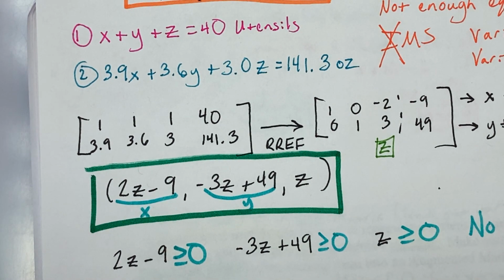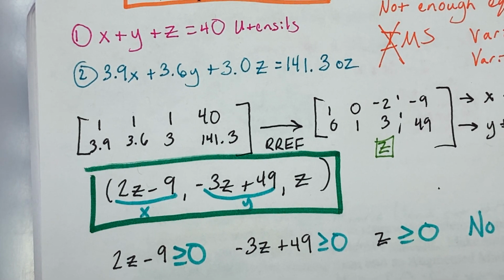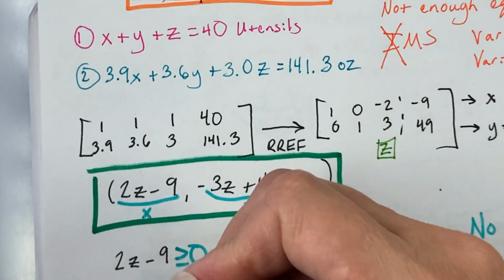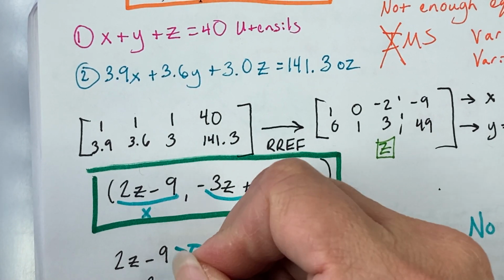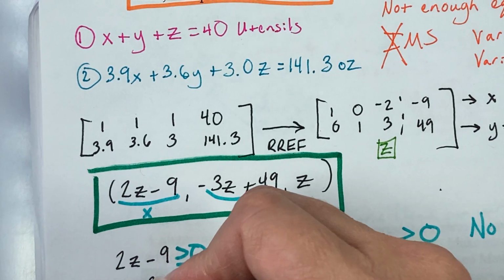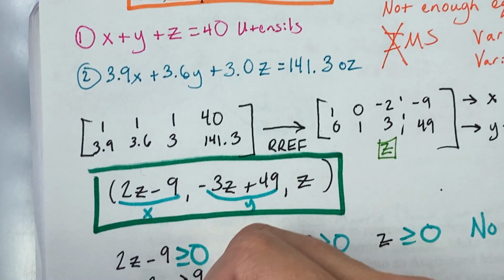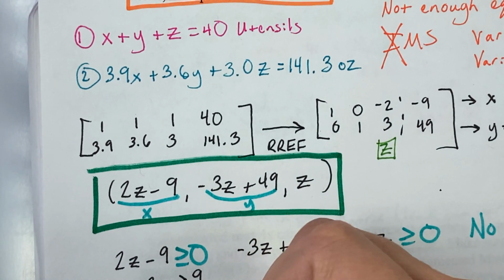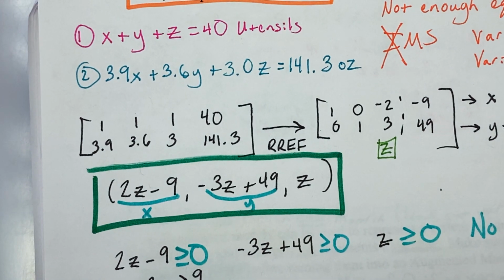We've got 2Z minus 9 greater than or equal to 0. So inequality time, folks, isolate your variable just like you would an equation by adding 9 over to the other side. So 2Z is greater than or equal to 9. Divide by 2. So Z needs to be greater than or equal to 4.5.